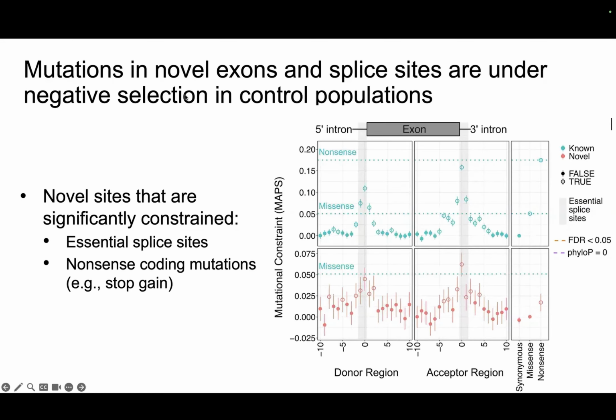Putting all this together, we have some evidence that these novel isoforms are under negative selection, and that suggests that when they're mutated in people, that might contribute to disease.